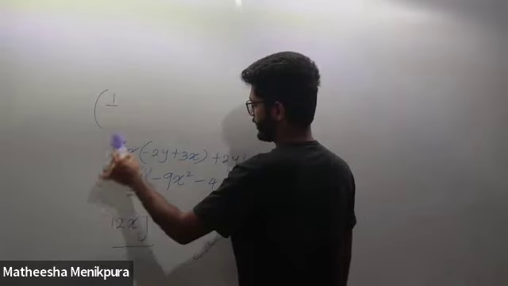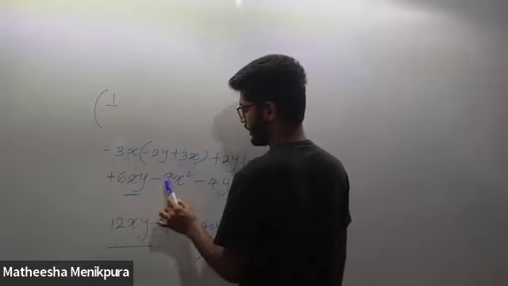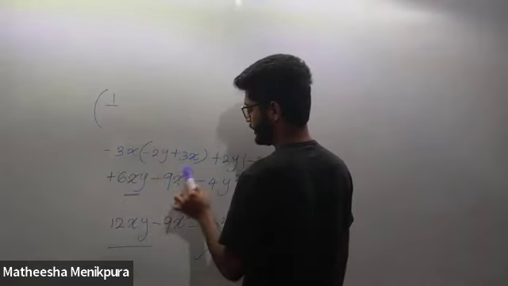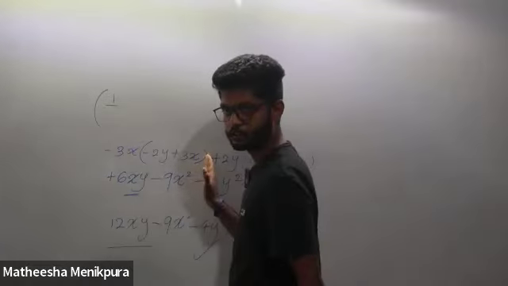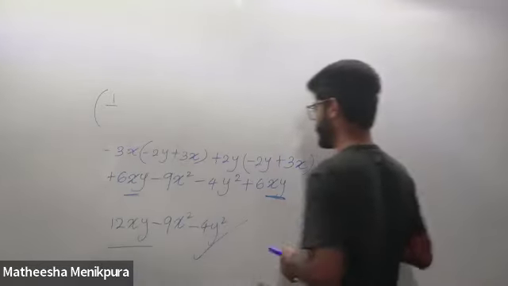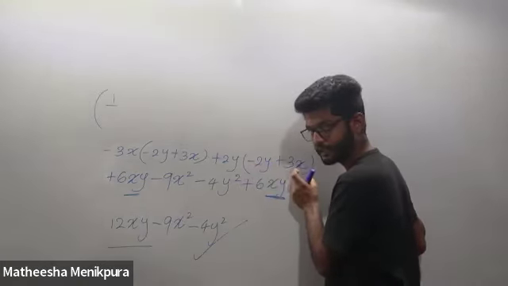Minus into plus is minus, 3 into 3, 9, x into x, x squared. So this bracket is removed, and this is the answer for that. Come to this bracket. Here also we have two terms inside the bracket.